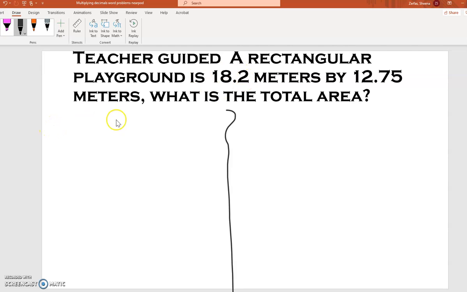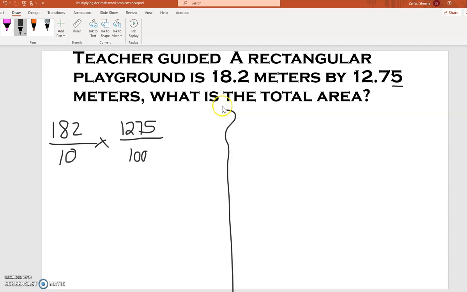So the 2 place value there is in the tenths place. So I would have 10 as the denominator, multiplied by 12 and 75 hundredths. The 5 being in the hundredths place means I would set this up as a fraction out of 100. When you're writing these, you eliminate the decimal by putting it over, again, its power of 10 denominator.